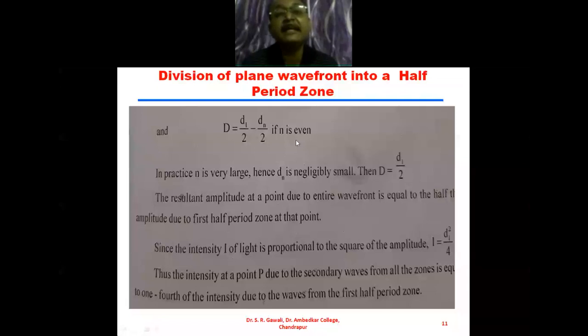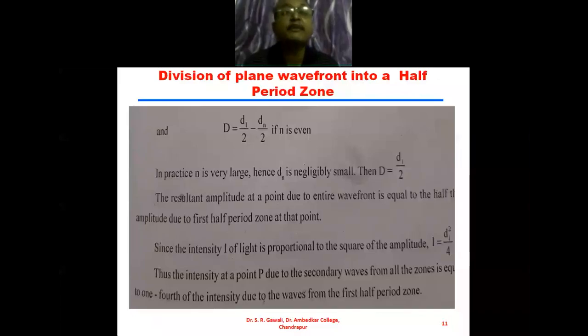Therefore d is equal to d1 by 2 plus dn by 2 if n is odd, and d is equal to d1 by 2 minus dn by 2 if n is even. If n is even, there will be a minus sign, a subtraction sign, and if n is odd, then there will be a plus sign in both.